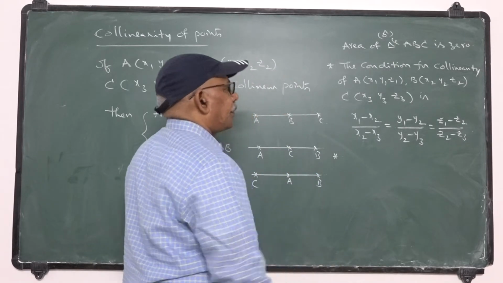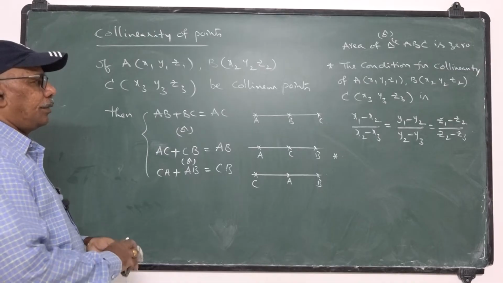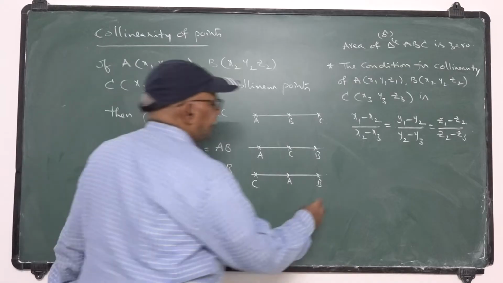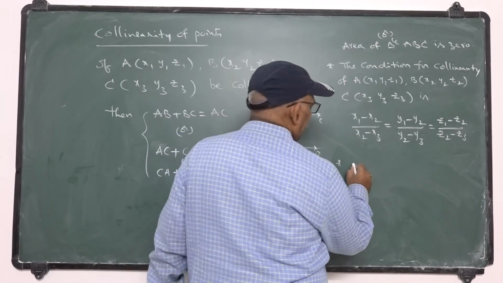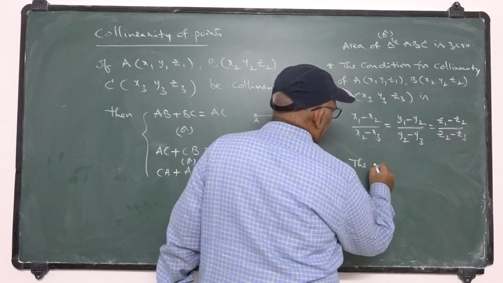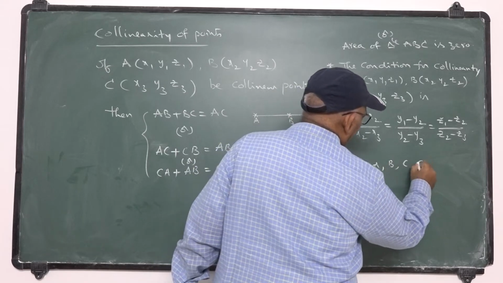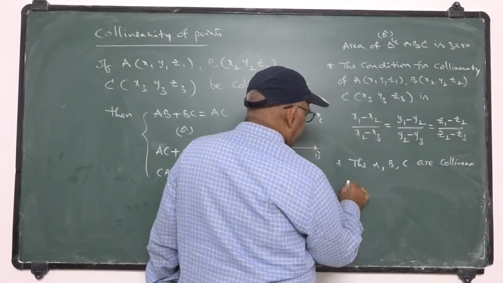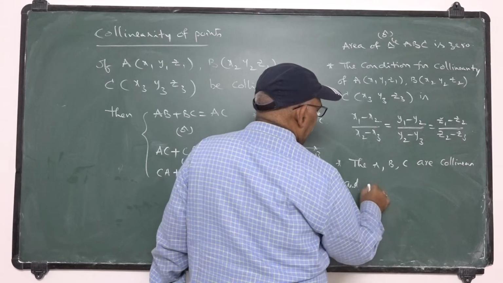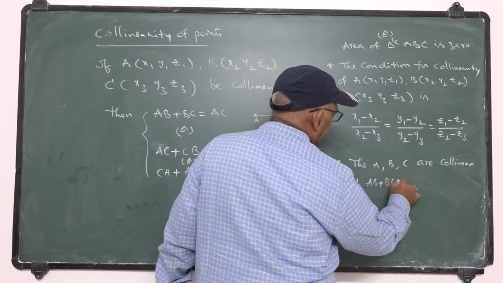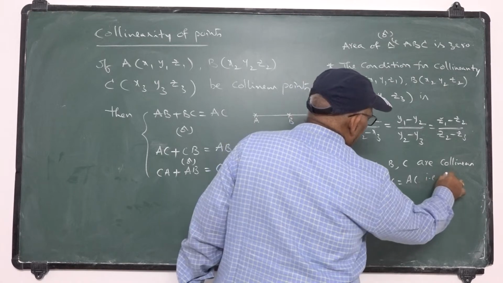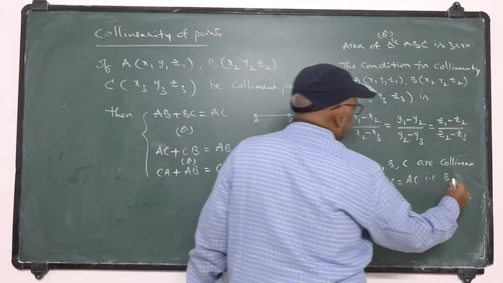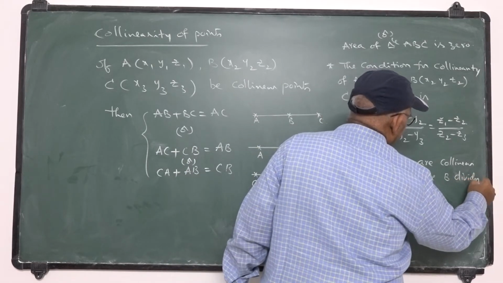Next point. If ABC are collinear and AB plus BC equal to AC, that means B divides AC.